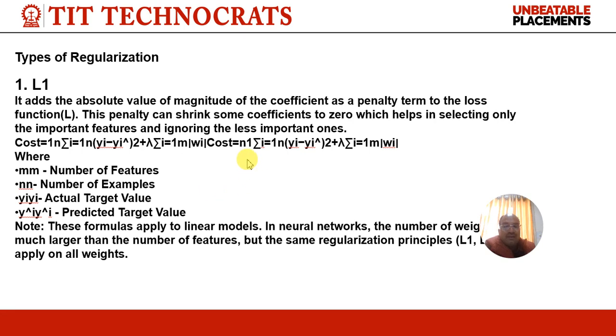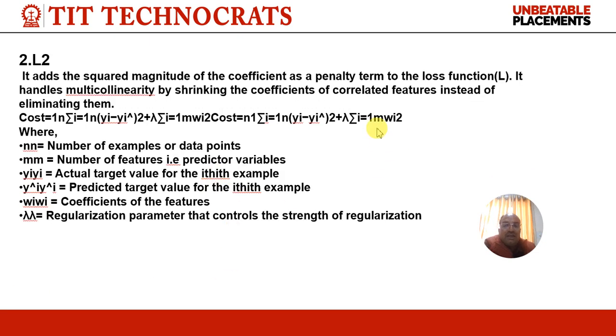So here we add the penalty term to the loss function, and this way we can control the value of the weights. In L2, we add a penalty term to the loss function with the square of the weights.